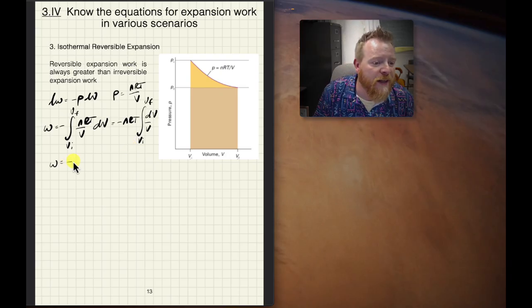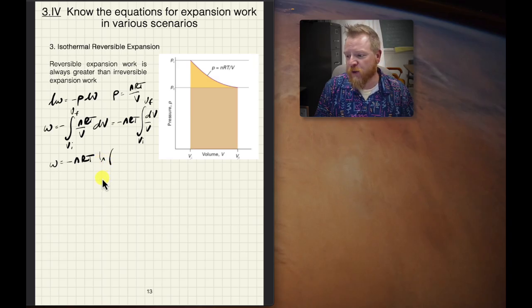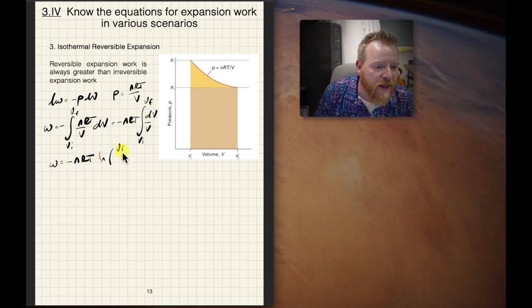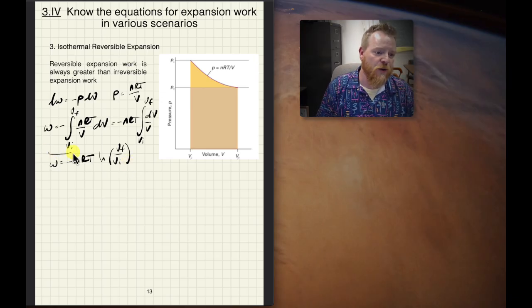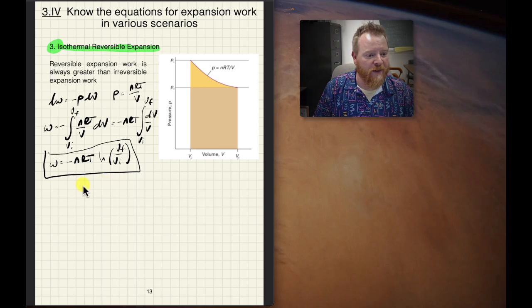And so what we get is negative nRT natural log, and applying those limits, it becomes V final over V initial. So this is our isothermal reversible work of an ideal gas. Okay. And I'll write that down, ideal gas.